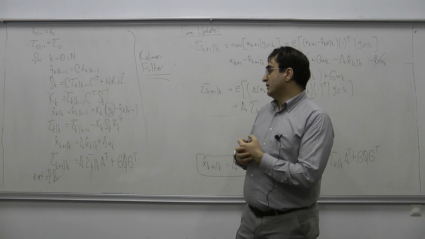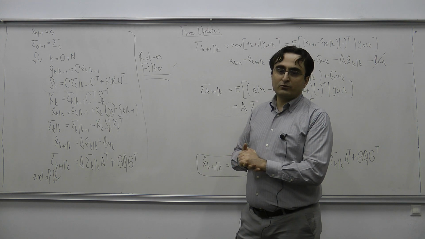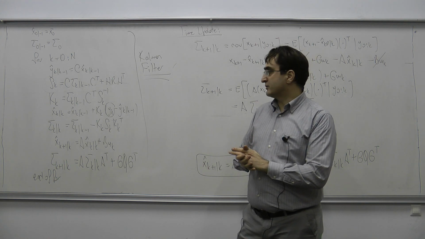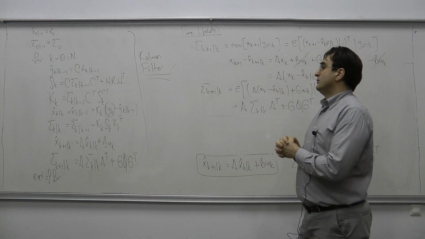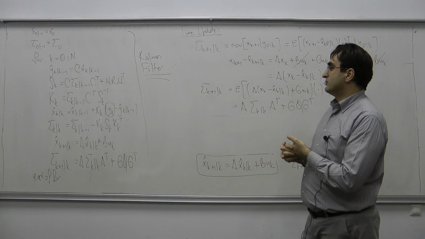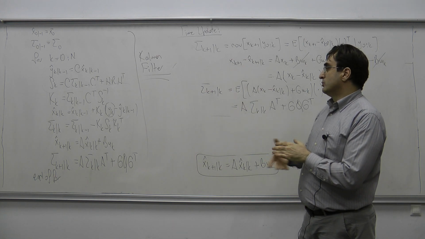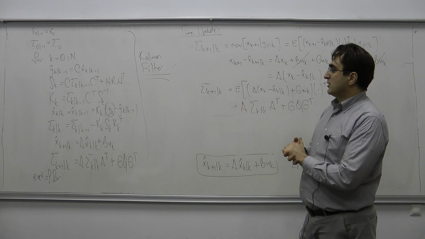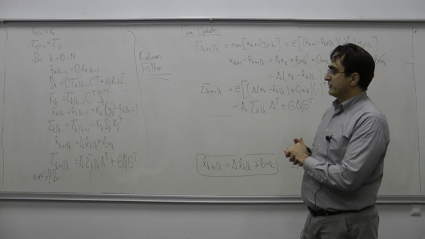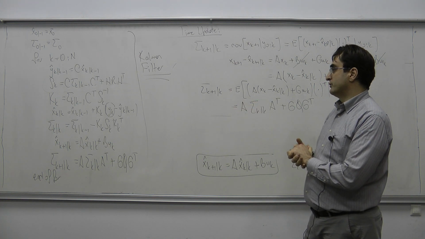But then in 10 years or so, the Kalman filter was used in the space program of the United States. At that time, of course, the computational power was really low, so they probably couldn't implement all of this filter. But we are going to talk about the steady state version of this filter.